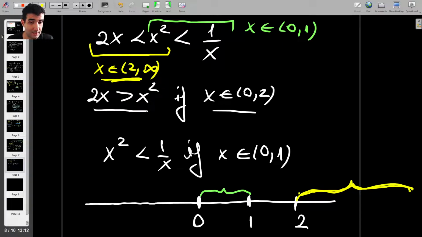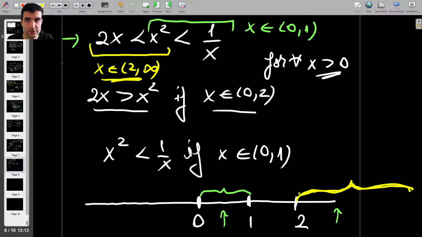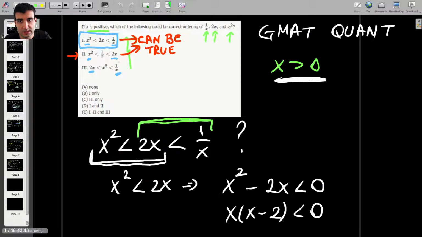And as you can see, there's no overlap. Okay, so there is no x which is both here and here at the same time. That's impossible, which means this inequality cannot happen ever. So for any positive x, this inequality does not hold. In other words, number 3 is false.